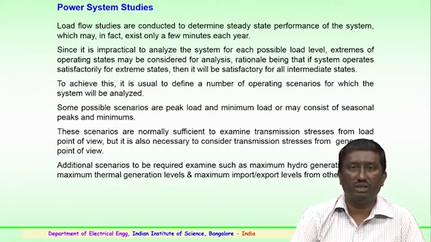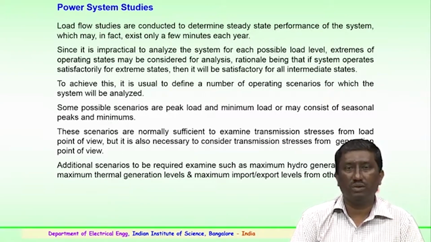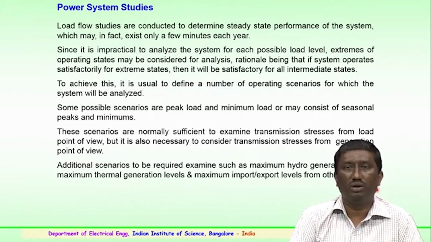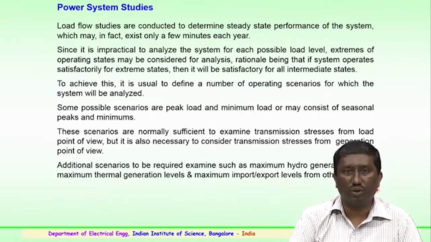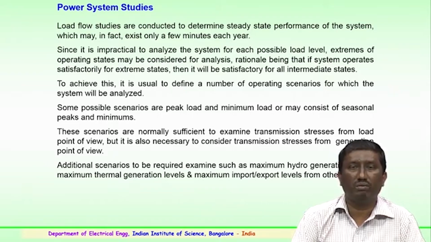So, to achieve this, it is usual to define a number of operating scenarios for which the system will be analyzed. Some possible scenarios could be the peak load and the minimum load, or may consist of a seasonal peak and minimum. So, this has to be properly documented, and it should be known for proper planning.